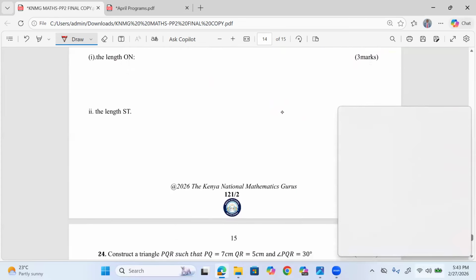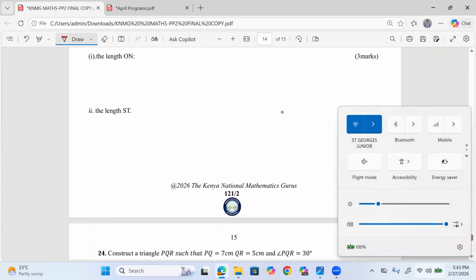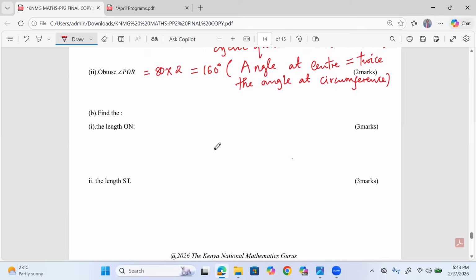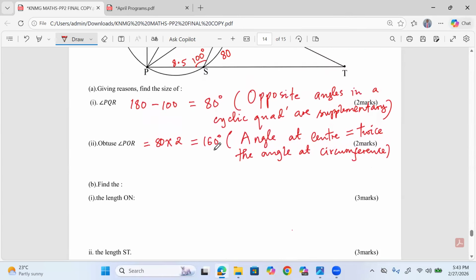The same question, but now in Roman 1 of part B. Find the length of ON.